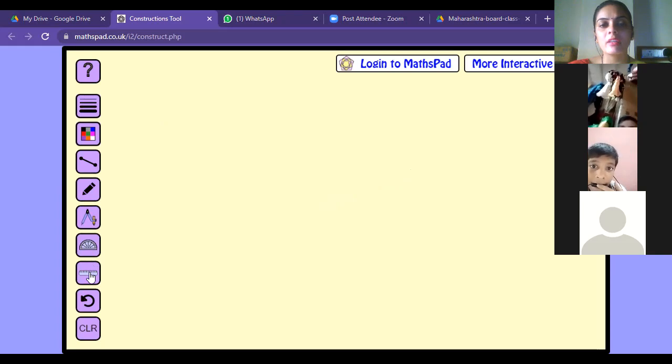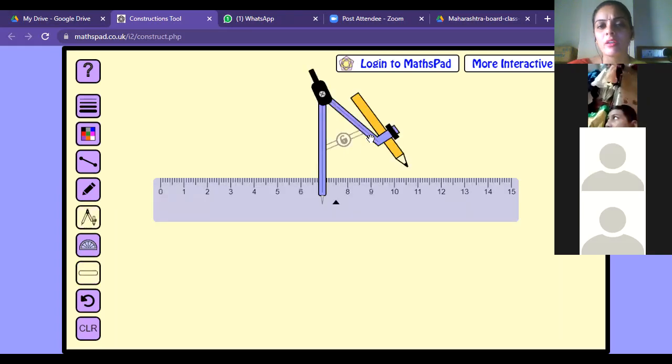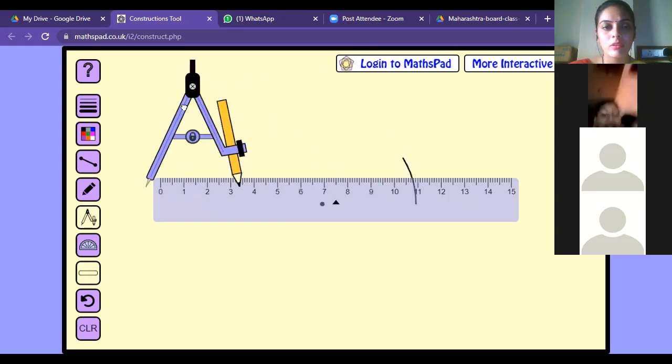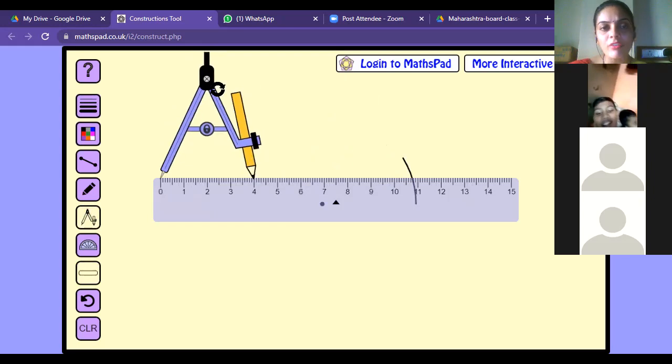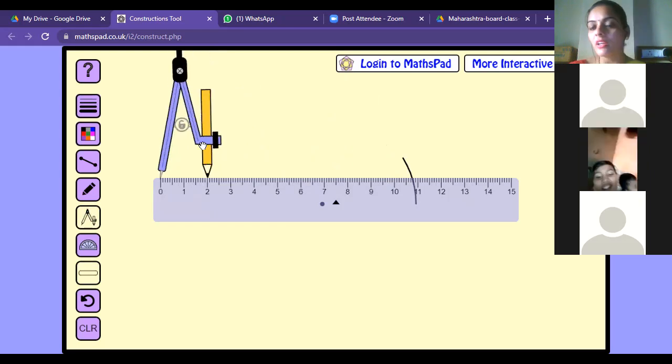Here is a line, scale, okay? Let's take 2 centimeter. Here, if we want to take 2 centimeter, we have to place it, right? How do we have to take 2 centimeter? So we have to place a pencil on 2 centimeter. Can you see it here?